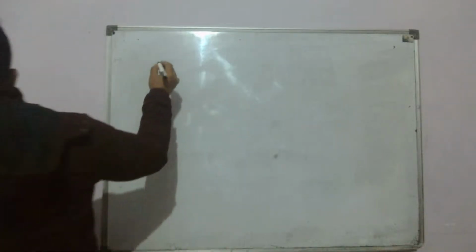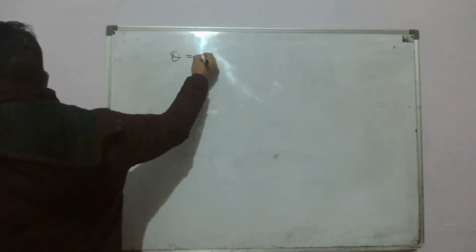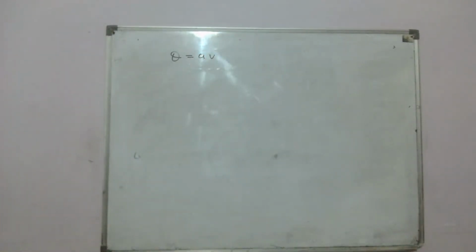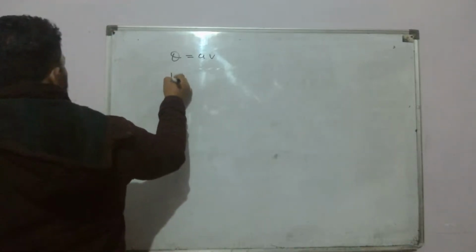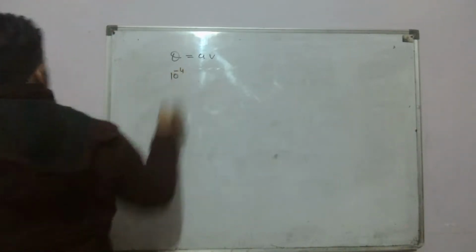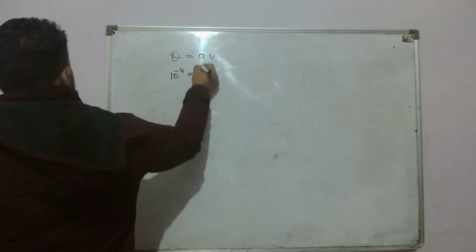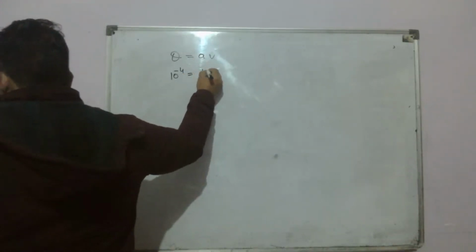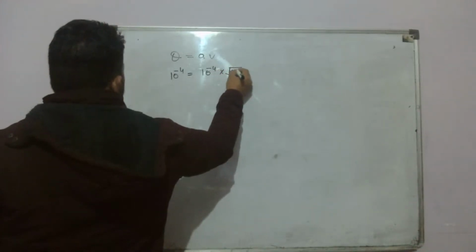Listen here, capital Q is equal to AV. Apply the formula like the equation of continuity. Here 10 raised to power -4, area is also given, and velocity is also given, 10 raised to power -4 multiplied by under root 2gh.